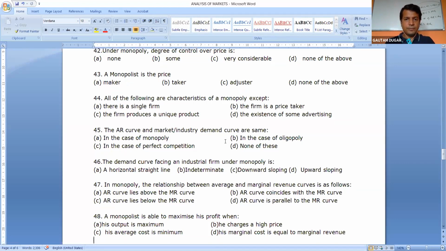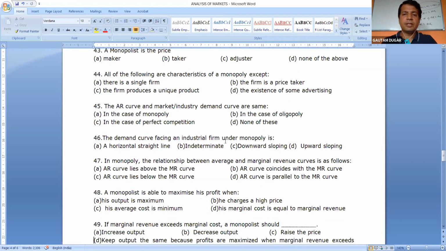The AR curve and the market or industry demand curve are the same under which market? Obviously, under monopoly, because in monopoly the firm is equal to the entire market, equal to the entire industry. So the AR curve and the industry demand curve are the same in the case of monopoly. So 45 answer is A.